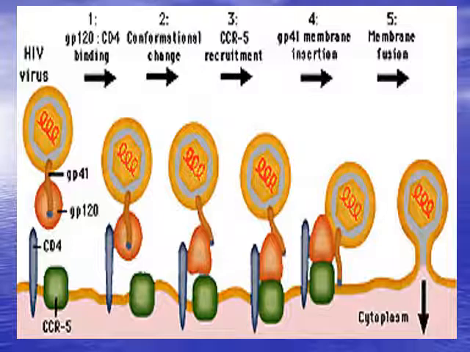This represents configurational changes in the host receptor, followed by the use of the co-receptor CCR5 in the starting of the replication of the HIV virus, followed by membrane fusion between the virus and the host cell membrane.